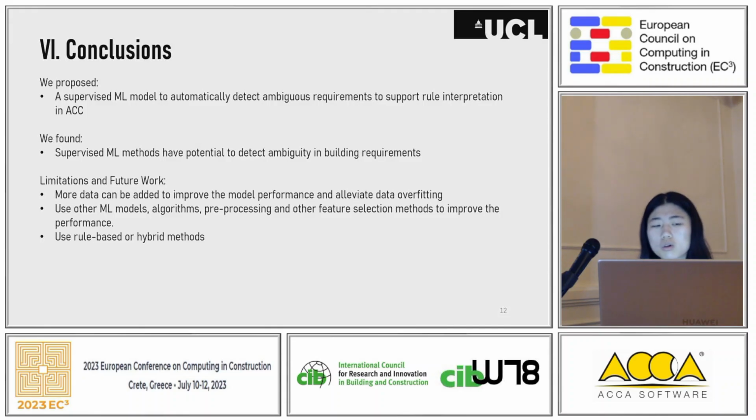And also other machine learning models, algorithms, and the pre-processing process and other feature selection methods can be used to improve the performance. And we are also currently trying rule-based and hybrid methods to further improve the performance. And we also hope that with the knowledge of different types of ambiguity, we can further improve the performance as well.